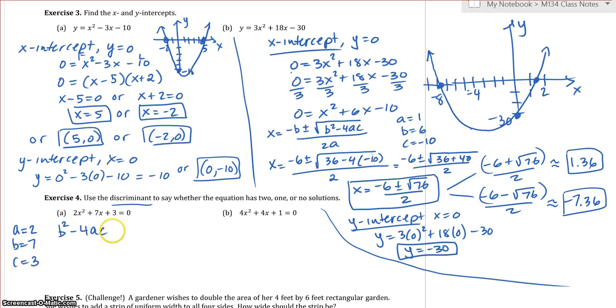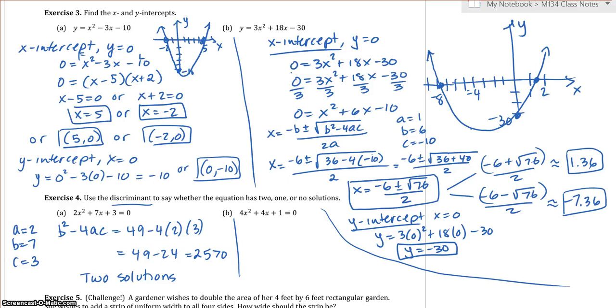If I just plug that in, we get 49, b squared, minus 4a, which is 2, times c, which is 3. 8 times 3 is 24. We can see that this is 25. It's positive. So there's 2 solutions. When this is positive, you're going to have your plus or minus. So you're going to have your 2 solutions.